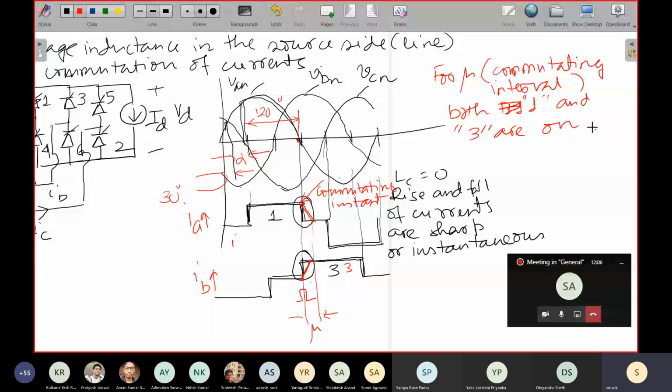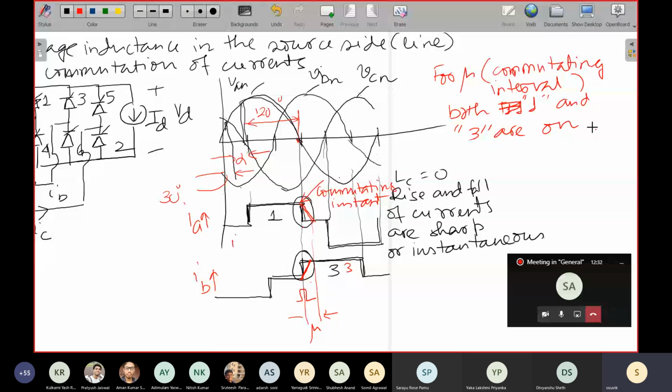How many such transitions are there? There will be 6 such transitions, right? Both at the positive edge and at the negative edge of the current, both when the thyristor 1 current is increasing as well as when it is decreasing. Because when thyristor 1 current is increasing, thyristor 5 current is decreasing. From thyristor 5, thyristor 1 conducts, and from thyristor 1, thyristor 3 conducts.